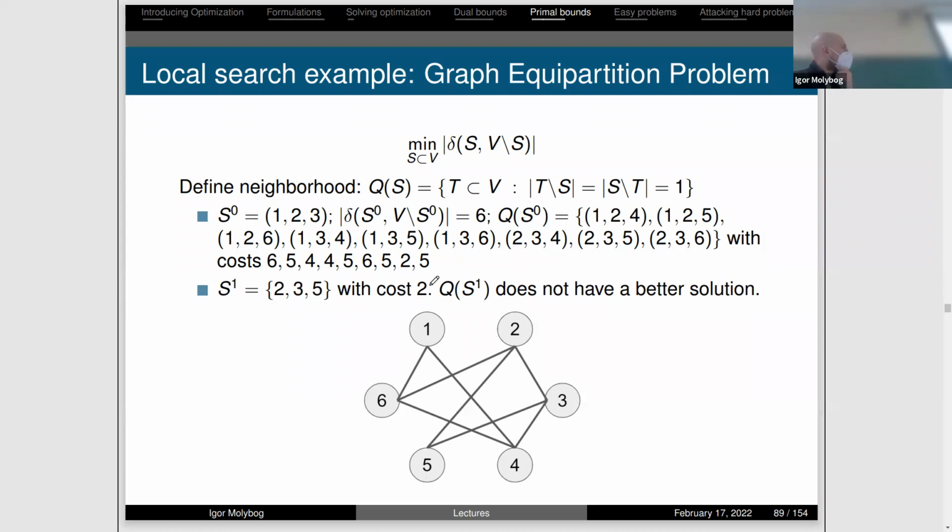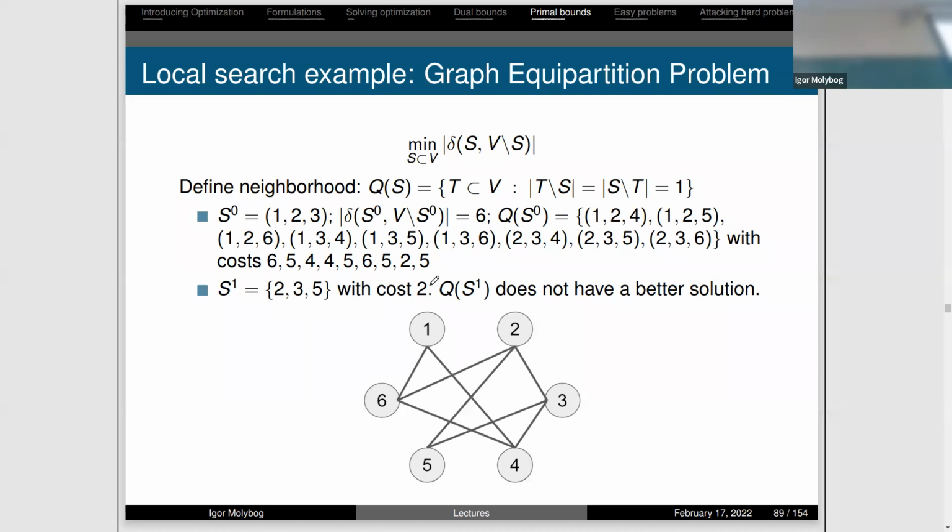For example, let me write it down because we need more examples. Let's say that our set S0 is 1, 2, 3. What is the Q of S0?